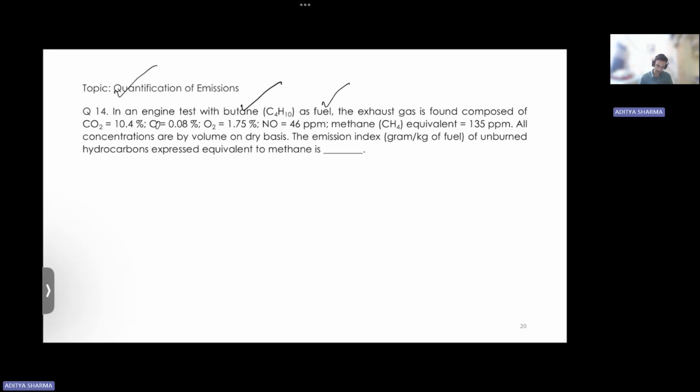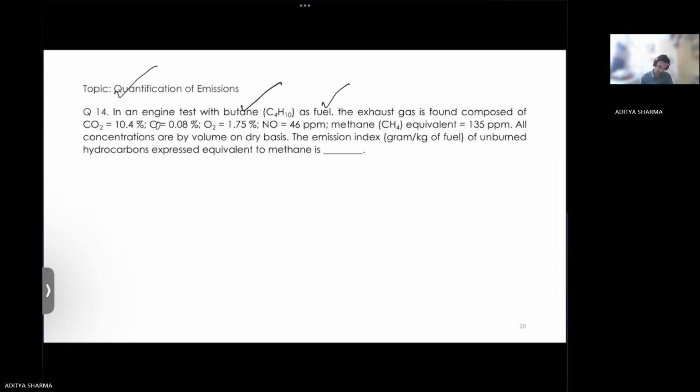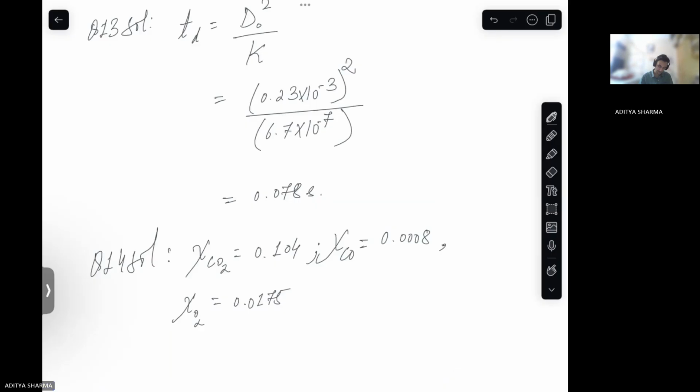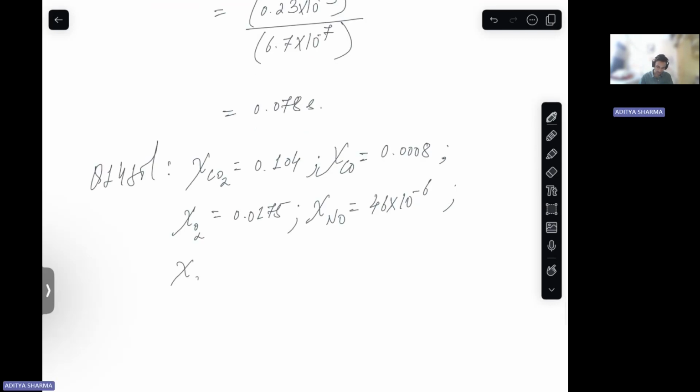So you divide it by 100. Then for oxygen, this is 0.0175. Then for NO it is 46 parts per million, which is this. For methane it is 135 parts per million.